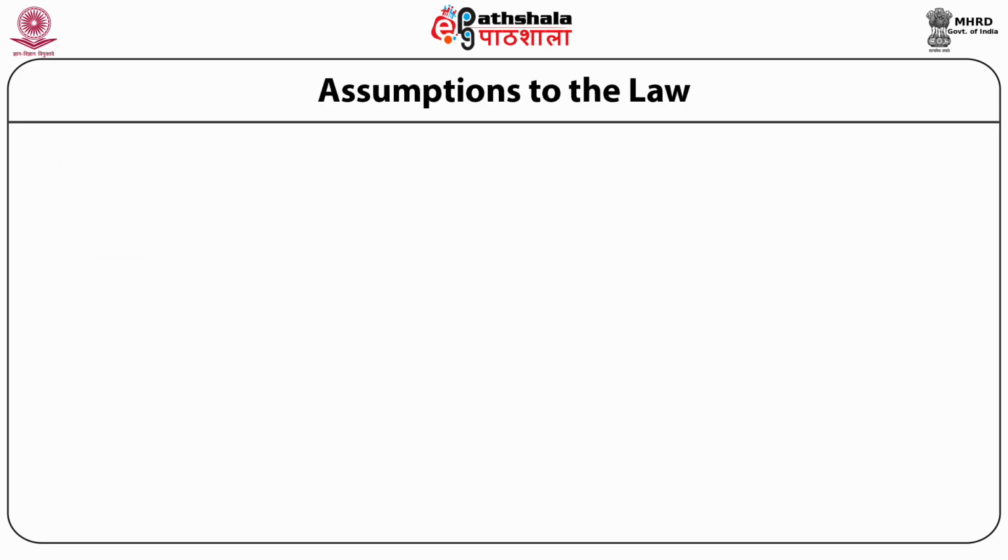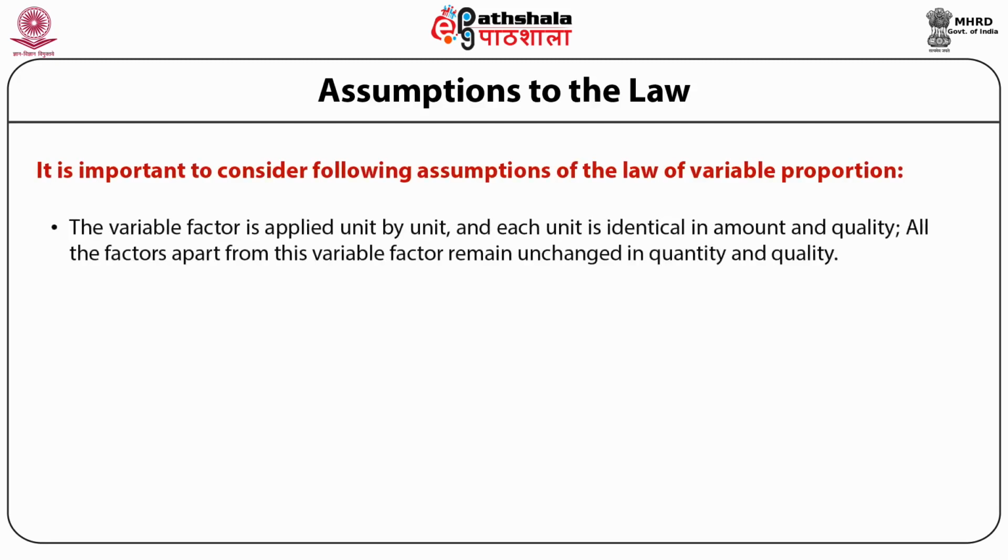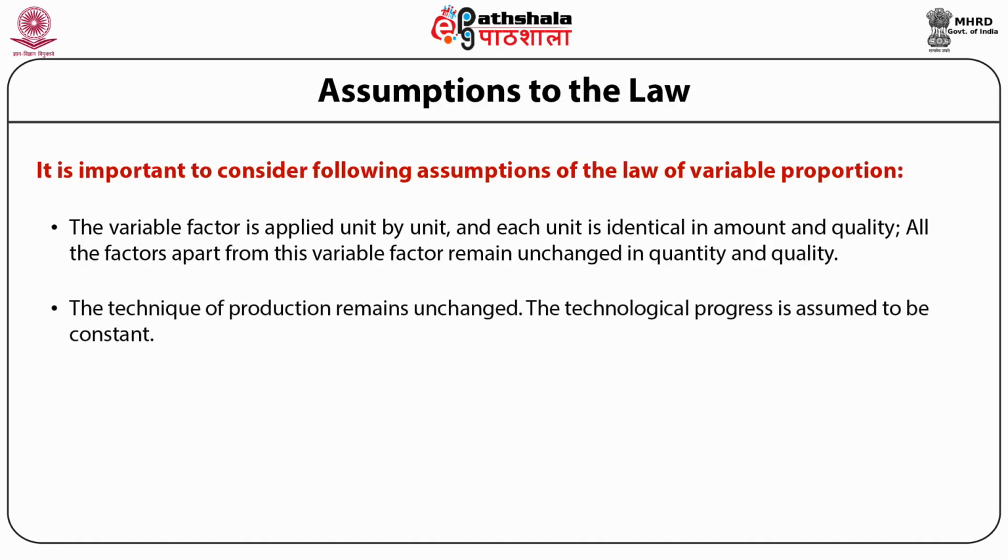Assumptions of the law. It is important to consider the following assumptions of the law of variable proportion. The variable factor is applied unit by unit and each unit is identical in amount and quality. All the factors apart from this variable factor remain unchanged in quantity and quality. The technique of production remains unchanged.